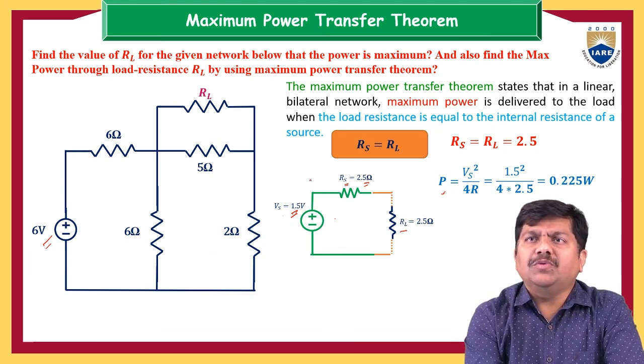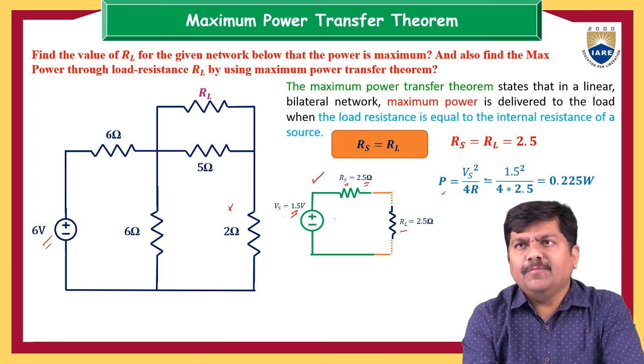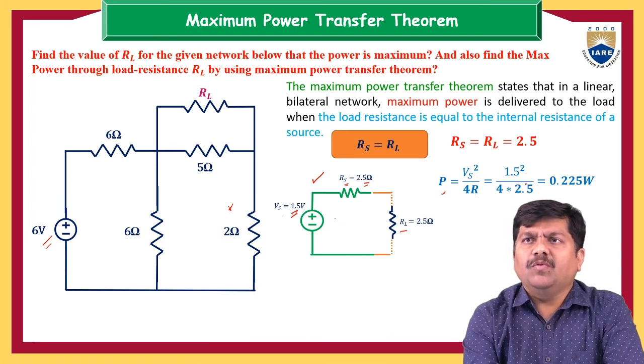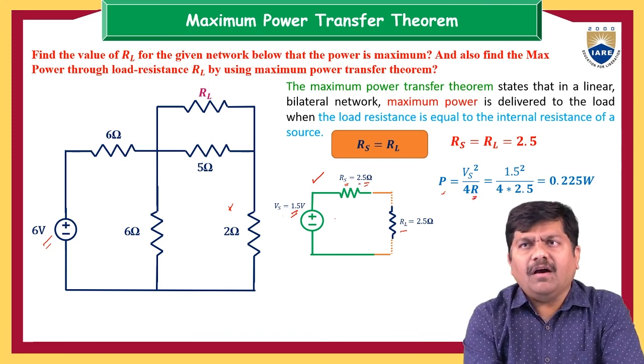Once we reach this particular circuit, please ignore the actual network; we have reduced it into a simplified form. So P is equal to Vs square by 4R, where Vs is 1.5, whole square, divided by 4 times R. This R is nothing but RL or RS.